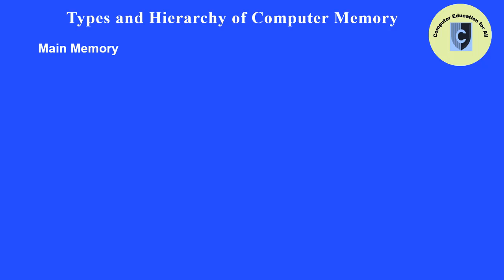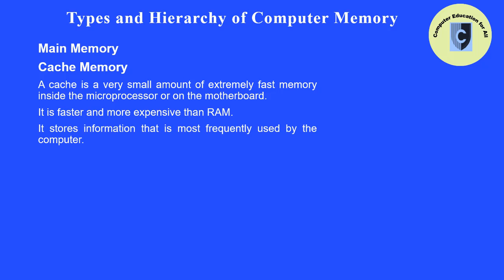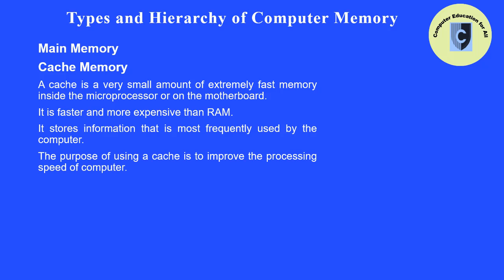Cache memory. Cache is a very small amount of extremely fast memory inside the microprocessor or on the motherboard. It is faster and more expensive than RAM. It stores information that is most frequently used by the computer. The purpose of using cache is to improve the processing speed of the computer.